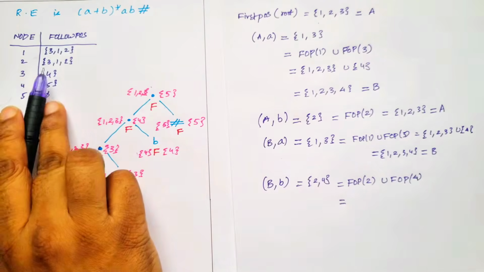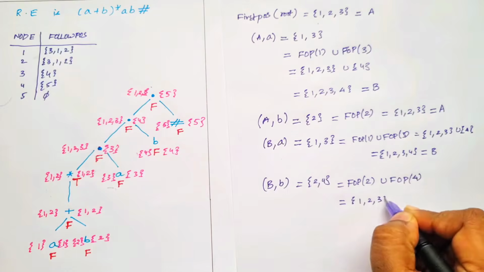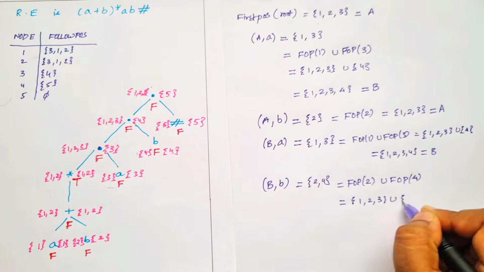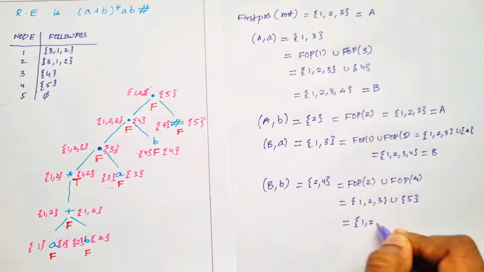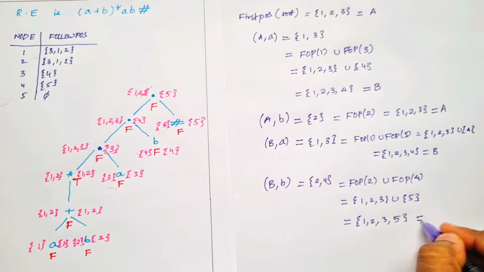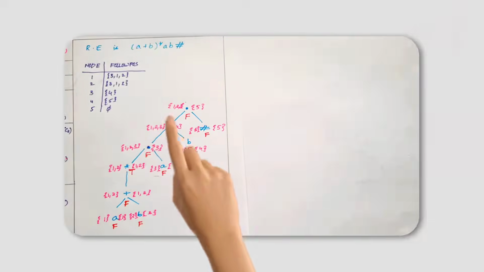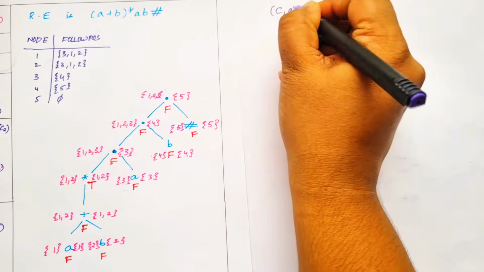What is the follow position of 2? 1, 2, 3. And the follow position of 4 is 5. Oh, I am getting a new state, right? 1, 2, 3, 5. Let it be C.